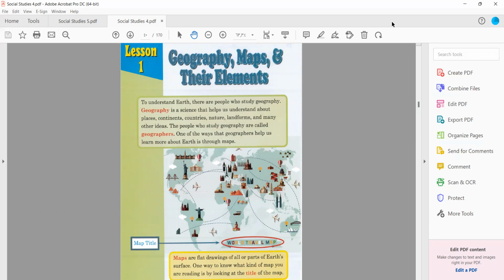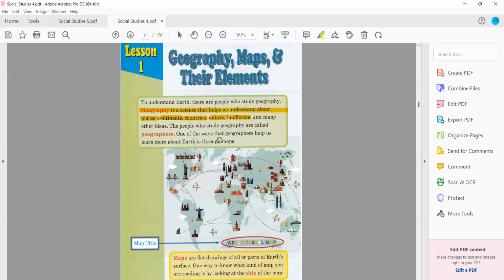So, what is geography? To understand Earth, there are people who study geography. Just like us, we study geography. And geography is a science that helps us understand about places and continents and countries, nature, landforms, and many other ideas.